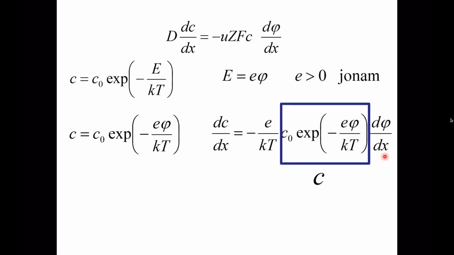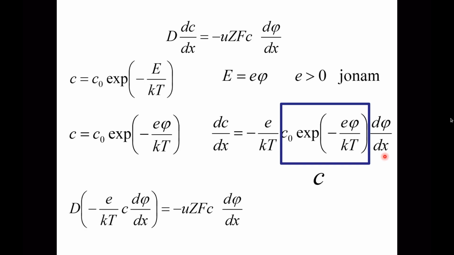I believe that you know how the exponential function may be differentiated. So this one is here, it is C. So that is why this result may be rewritten again.